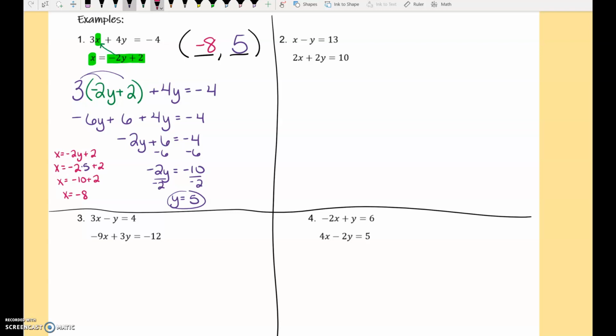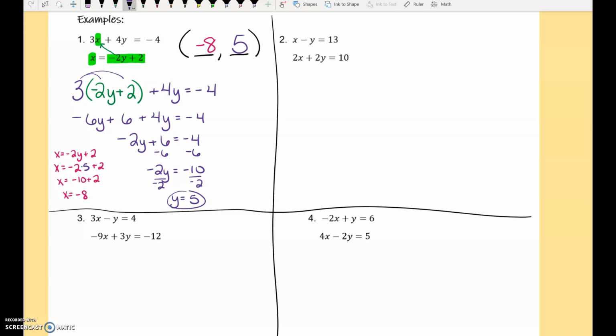All right, number 2. Number 2 is not currently set up perfectly for substitution because we don't have one variable by itself. So sometimes you have to manipulate these equations a little bit. I would notice that x and y in the top equation, we could pretty easily get one of those by themselves, right?